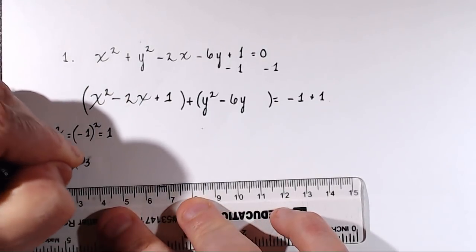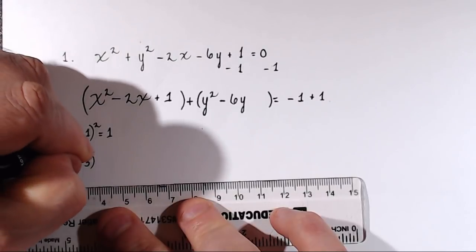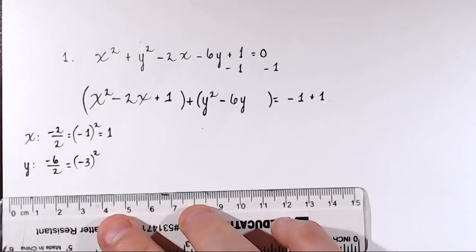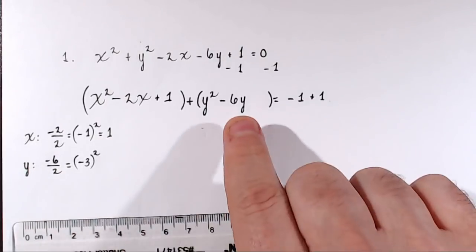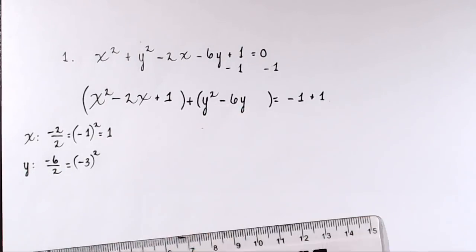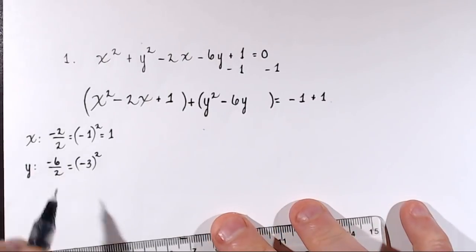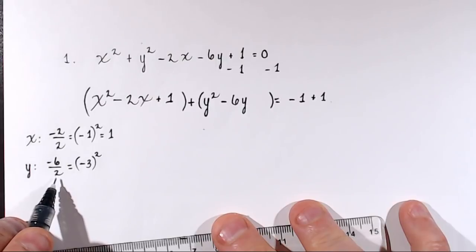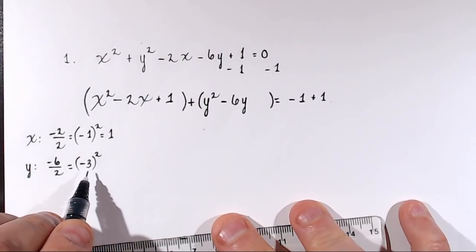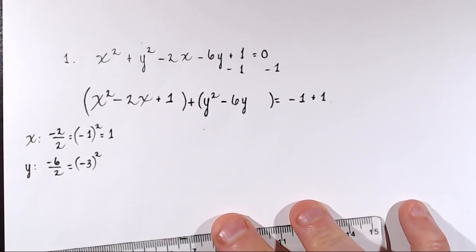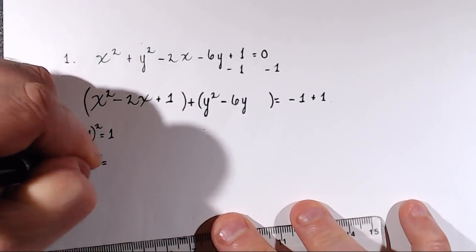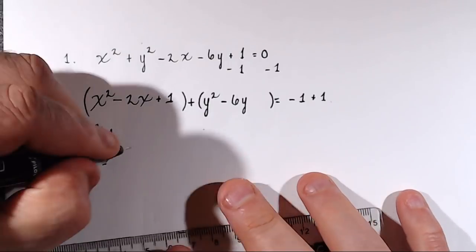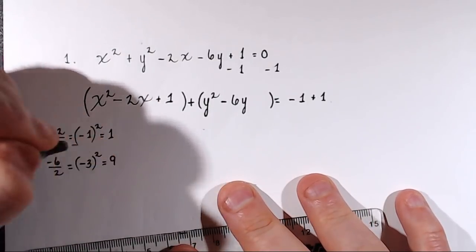I then put parentheses around it and put an exponent of 2 to square half the linear coefficient of y. So I took the linear coefficient of y, which was -6. I divided it by 2. I saw that it equals -3, and then I squared the result. When you take -3 and square it, -3 times -3 equals +9.